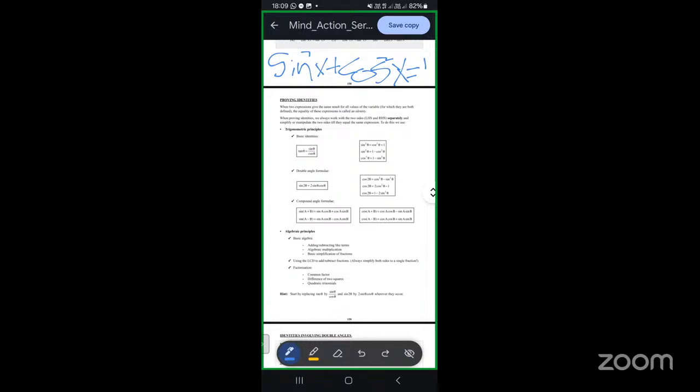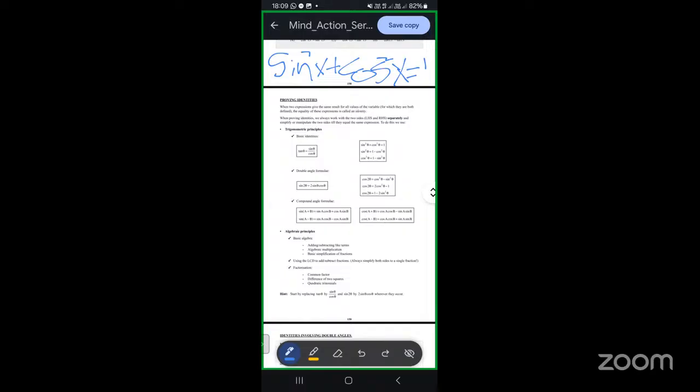Okay, thanks. So wherever you see this sine squared x plus cos squared x, you can just play around with that identity, put 1 for that summation.